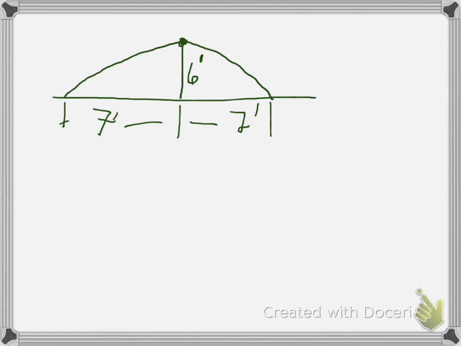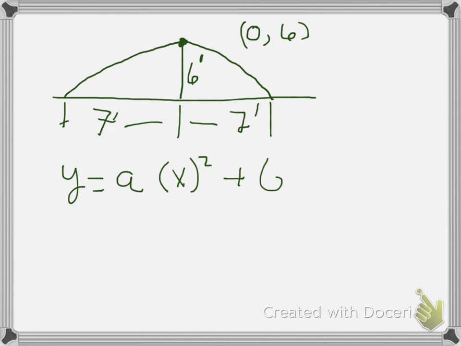Well, what I would do is I would call the vertex the point (0, 6). So we would have y equals a times x squared plus 6.